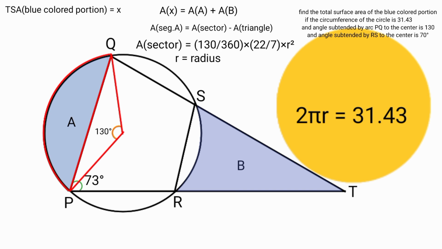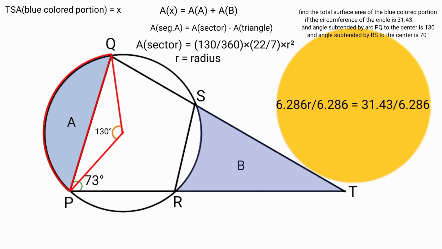Pi is 22 over 7. So 2 times 22 over 7 times r is equal to 31.43. 2 times 22 over 7 is 6.286. So 6.286 r equals 31.43. Making r the subject, we divide both sides by 6.286.